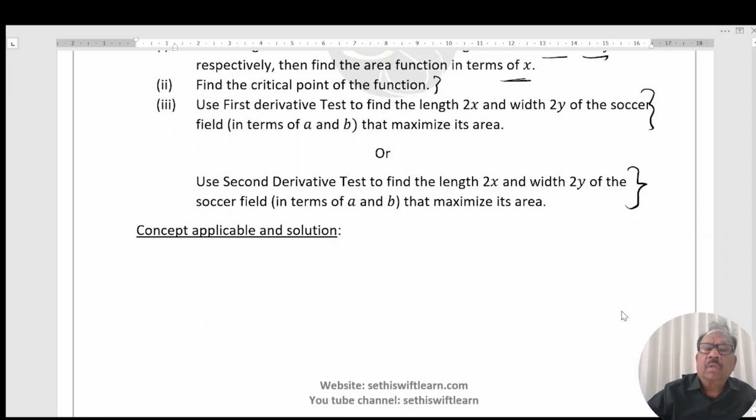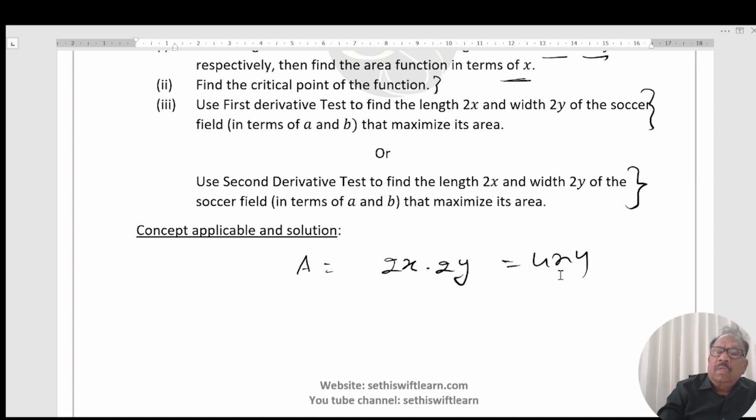Let's start the question. According to the question, area will be equal to 2x into 2y. Area equal to 4xy. This is equation 1. This is to be maximized.